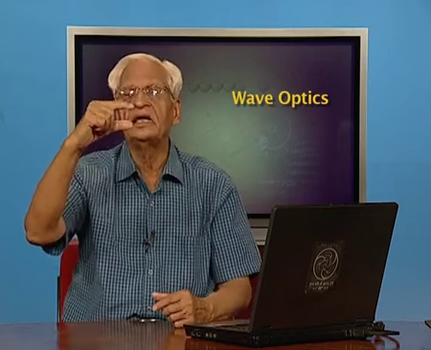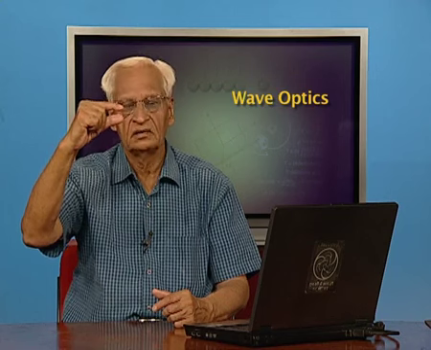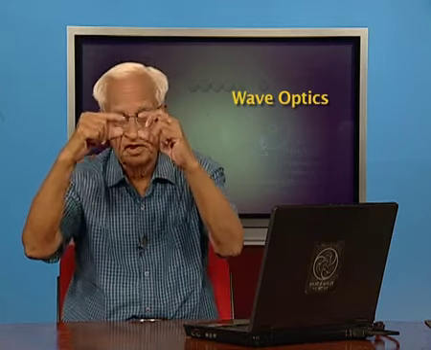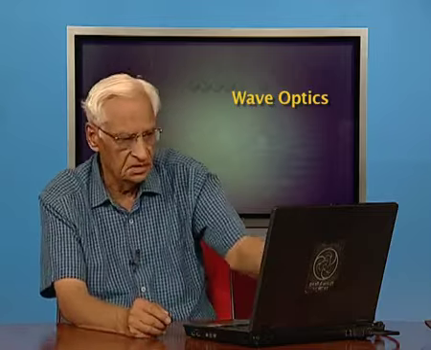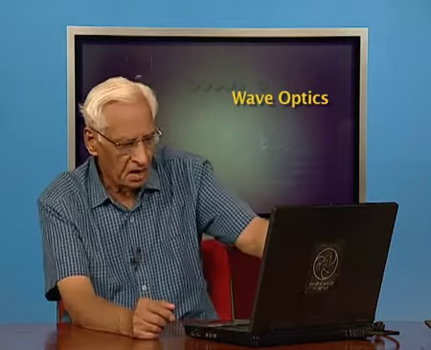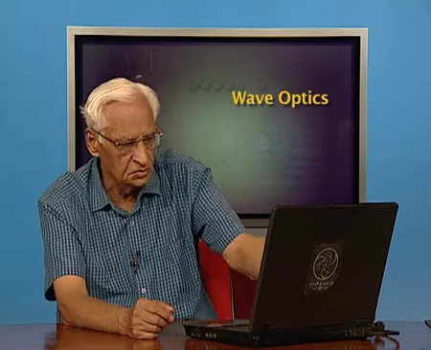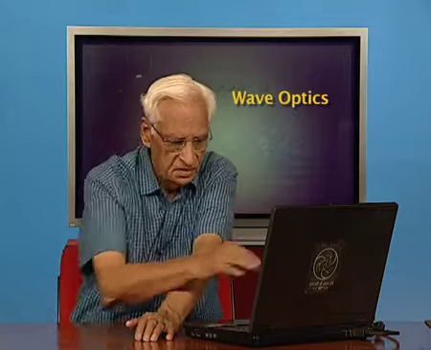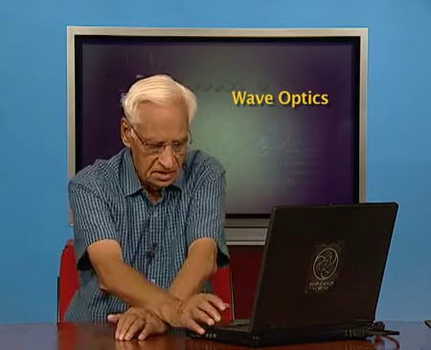If in air the fringes are this distant, then in a liquid, say water or glass, the fringe width becomes smaller, the fringe pattern shrinks. If you want animation of double slit interference, I have given these two websites where you can go and see the animation of double slit interference pattern.